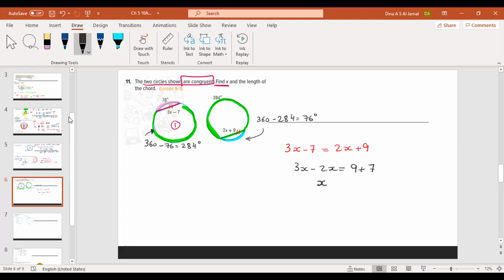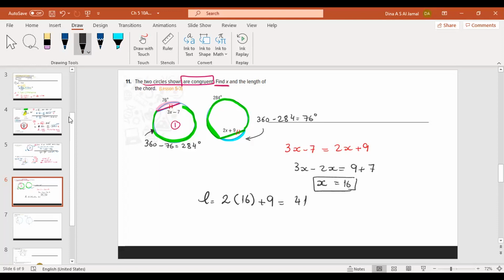That means your x is equal to 16. He would like you to also find the length of the chord. You can choose any of them and substitute. So the length will be 2 multiplied by 16 plus 9, which equals 41.